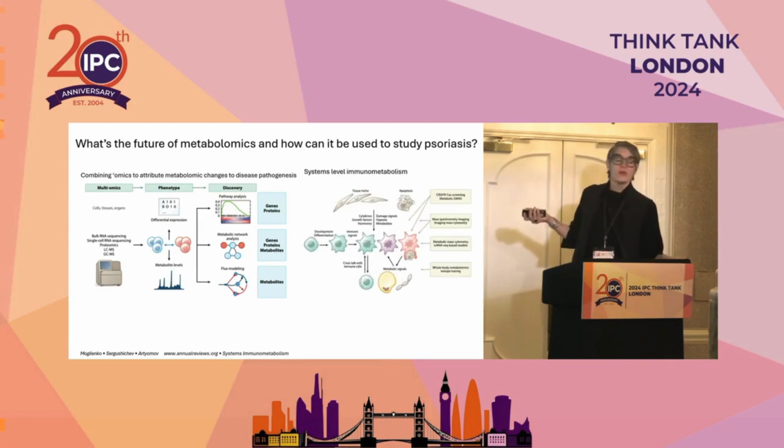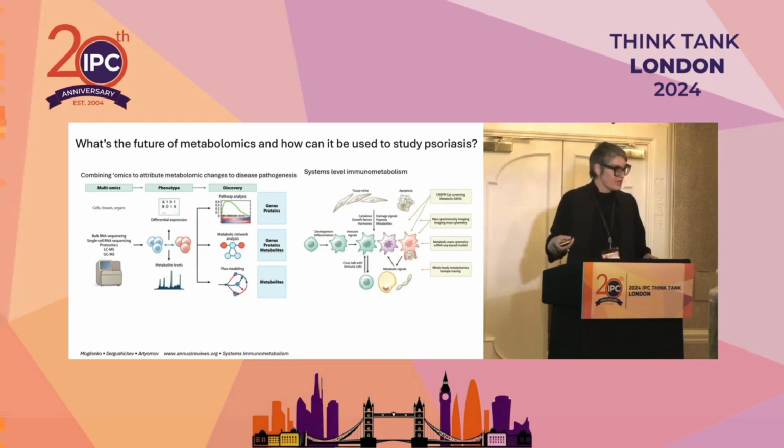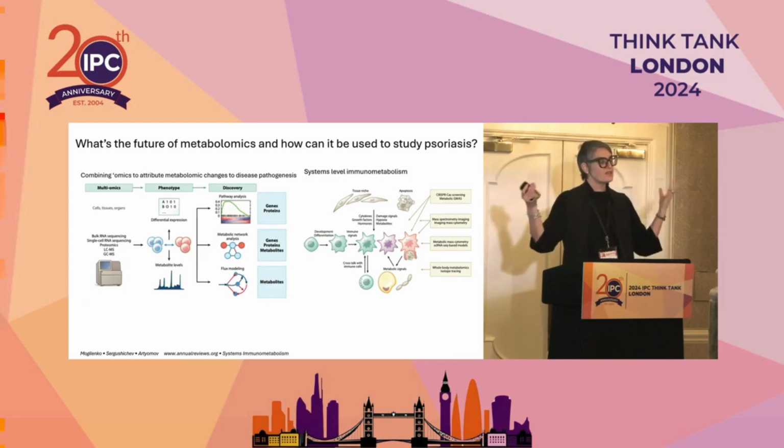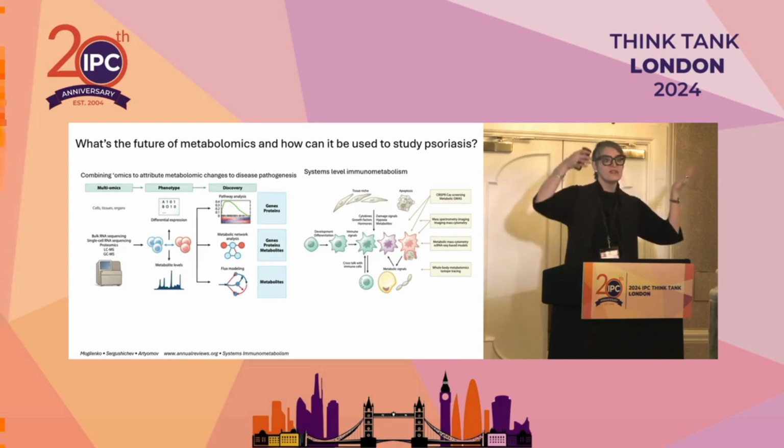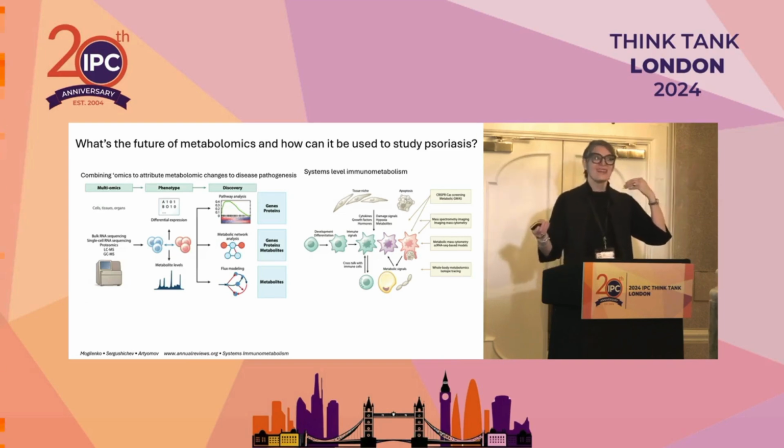And then also going to a systems level immunometabolism level, where we are studying the metabolism in individual cells and looking at how those metabolites interact with each other. That's going to give us more information about why things go up in one tissue, down in another tissue, and let's be honest, it's more likely that things are going up in one cell, down in another cell as they communicate.